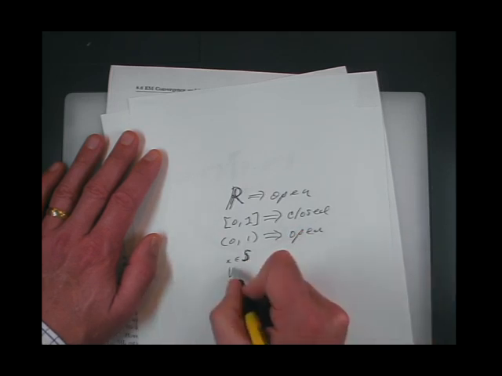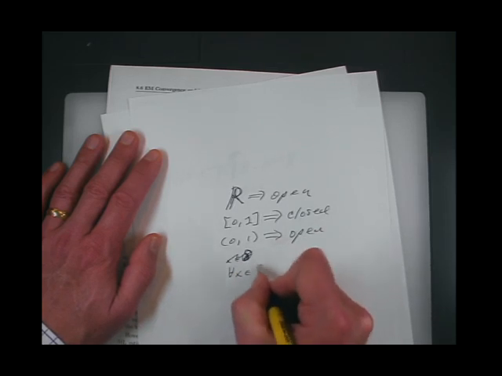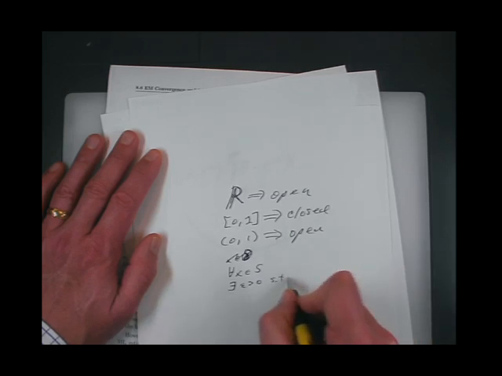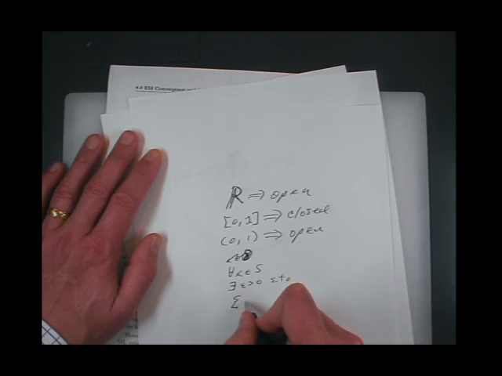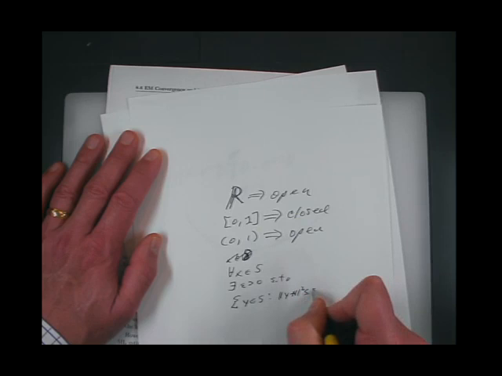And then for all x a member of S, there exists an epsilon greater than 0 such that the set of all, say, y a member of S, such that whatever your metric is, y minus x squared is less than epsilon.